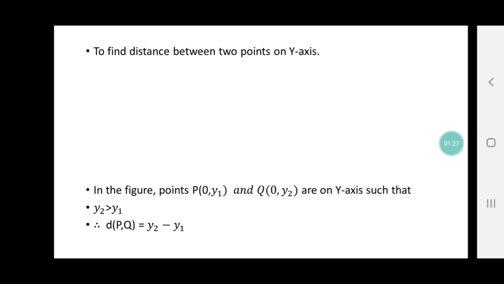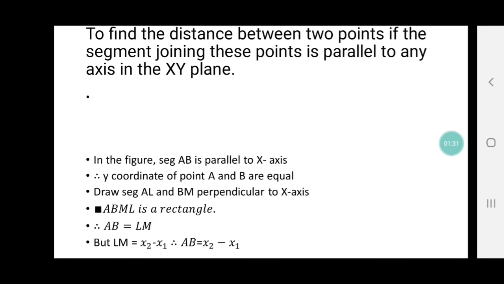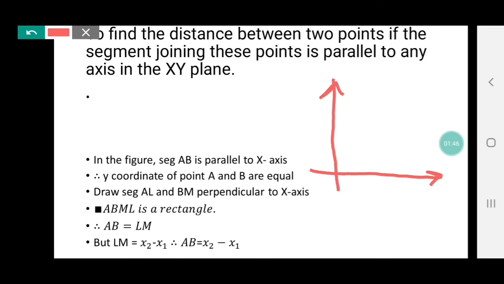Now what you observe is the very first figure. Here is the Cartesian system. This is y dash y, this is x dash x.